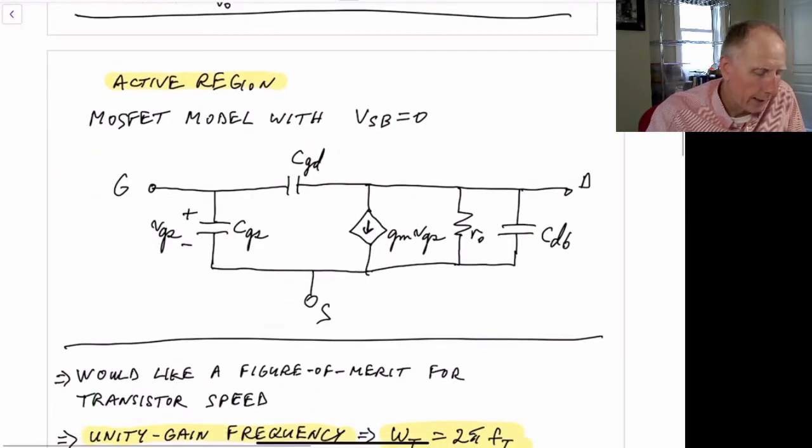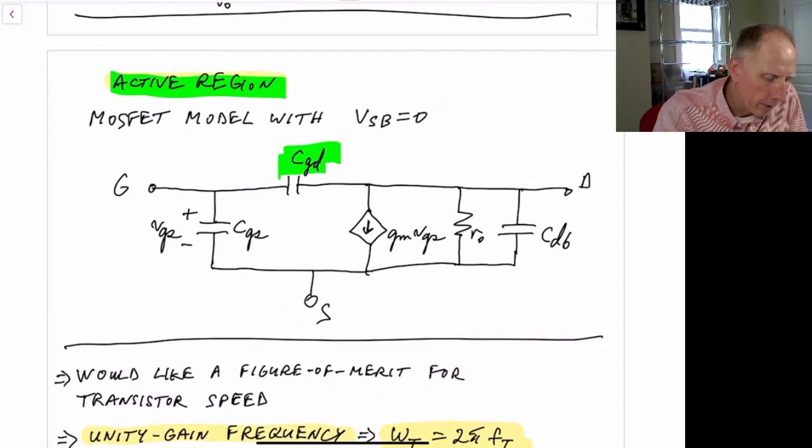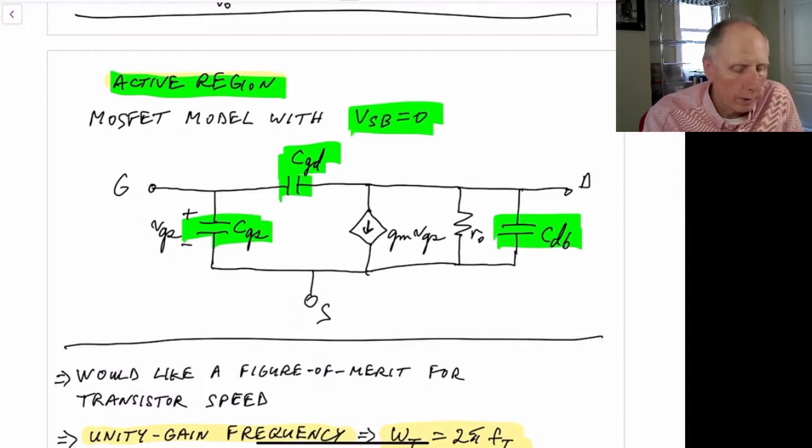So now if we look at the small signal model, going back to the active region, then we have these added capacitances here. So these 3 added capacitances, and we'll assume that VSB is equal to 0, so we don't have to account for this 4th capacitance between the source and the bulk.